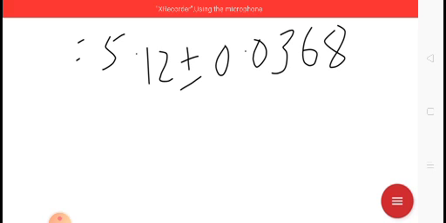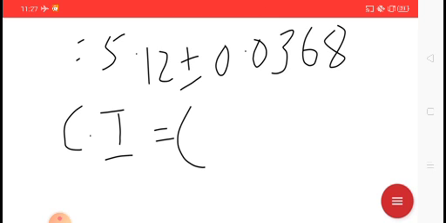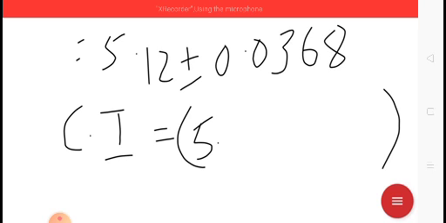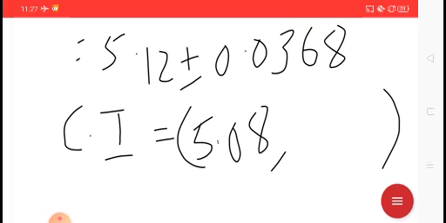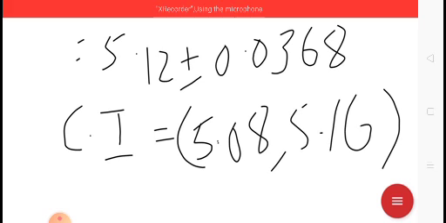Try to keep 4 to 5 decimal places. The lower limit will be 5.12 minus 0.0368, which gives 5.08 to 3 significant figures, and the upper limit will be 5.12 plus 0.0368, which gives 5.16.